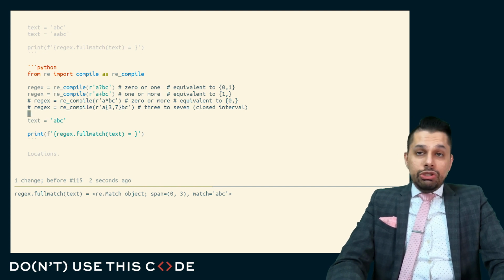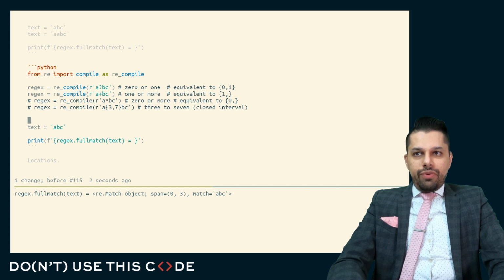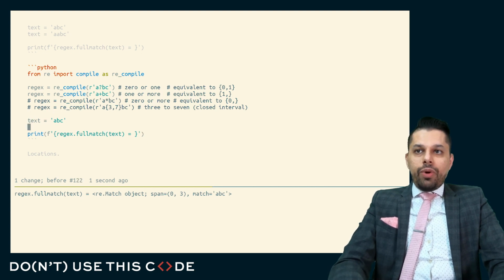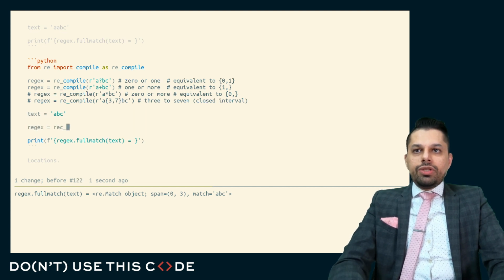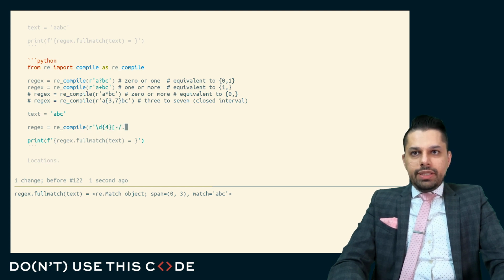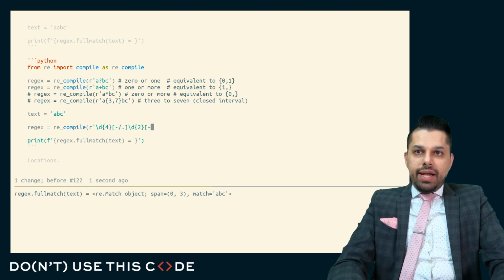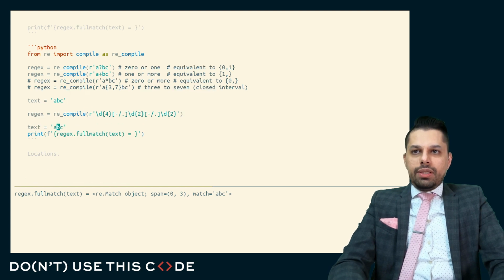Now, I can use a little bit of this to improve my previous date regular expression. If I wanted a regular expression for a date, I could do it just like this. I can say 4 digits, then any one of my digit separators, plus 2 digits, any one of my separators, plus another 2 digits, and now this will match any possible date format, or at least any one of the ones that I'm willing to allow.